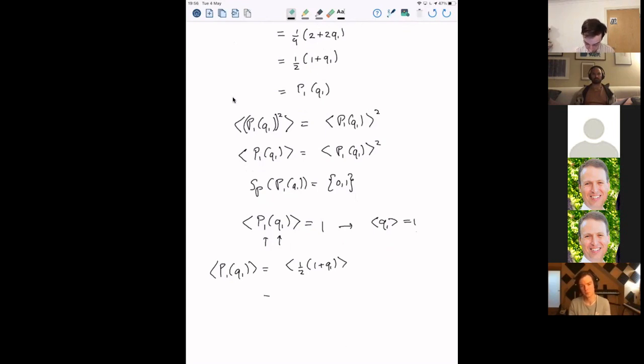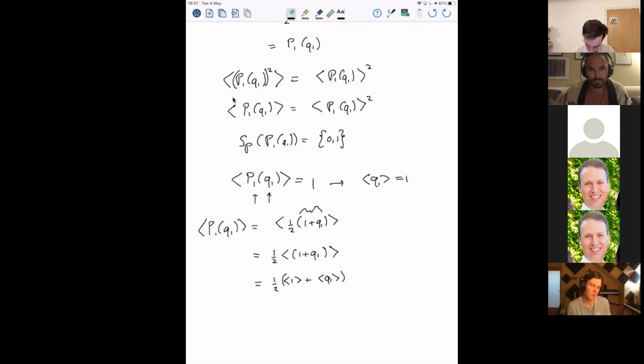Now we know from my definition of the expectation value that we can take this scalar multiplier out of the expectation value. And also we can rewrite this as the expectation value of the sum of 1 and Q1.